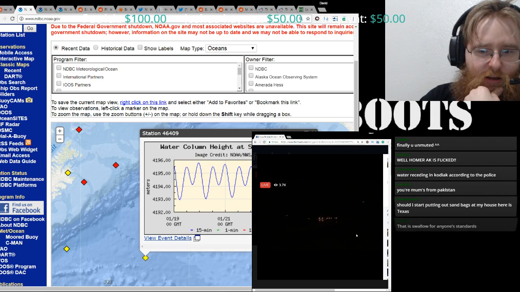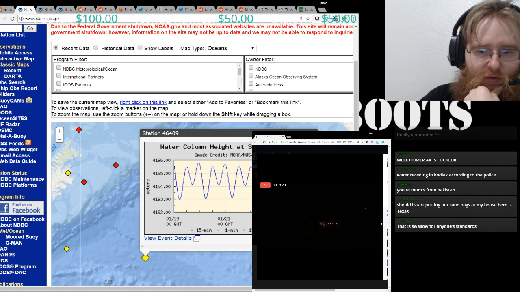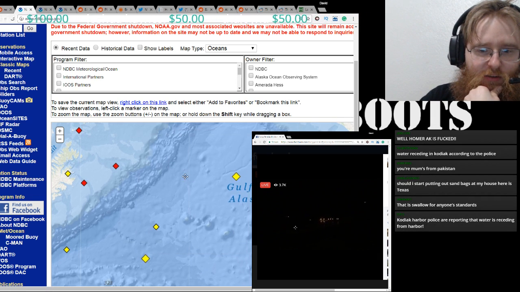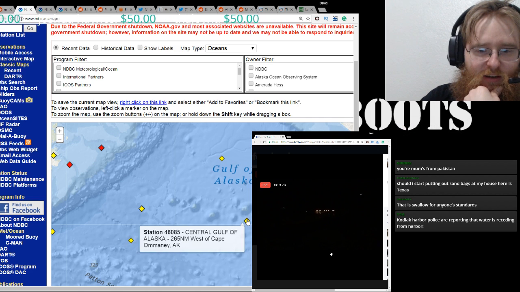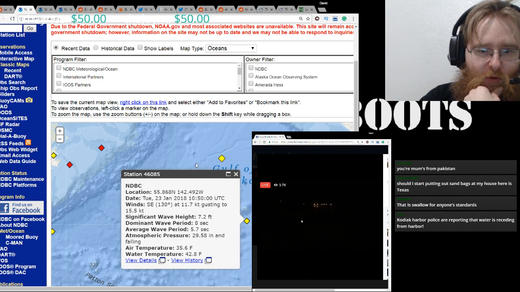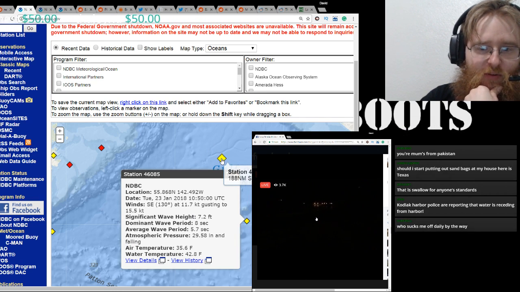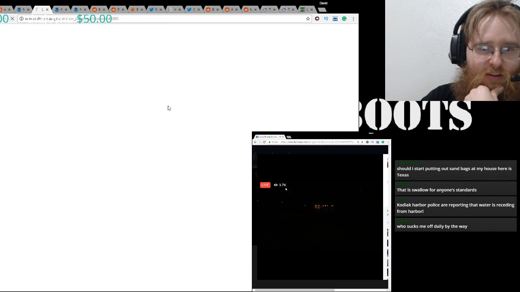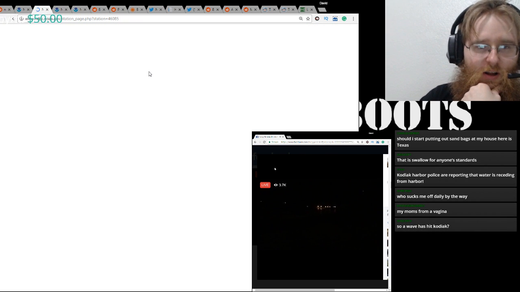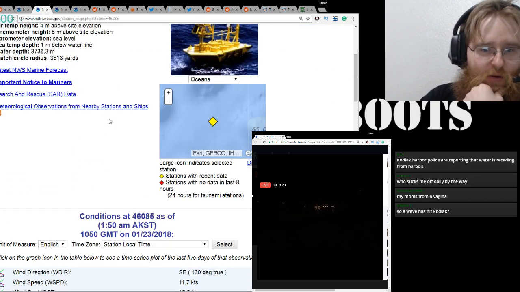Oh, that's cool. Yeah, there's something. Looks like it's detecting. So these buoys have been detecting some waves, and the one that everybody's going off of is the South Cordova one in this direction. It's in the opposite direction from where the tsunami is going.